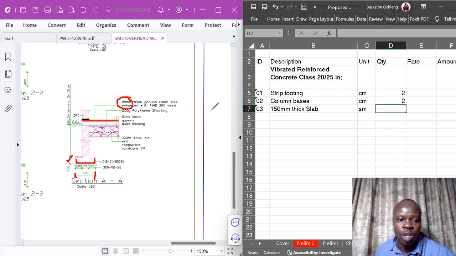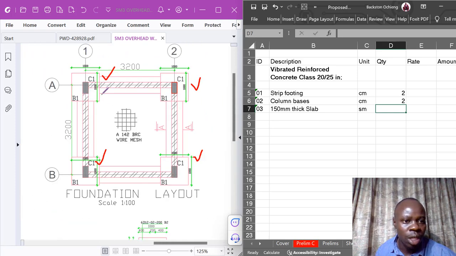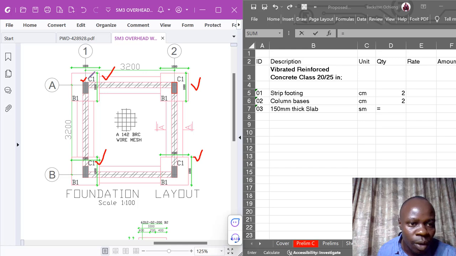The square meters go up to where we have the foundation layout so that we get the area. The area of this is basically obtained at the faces of the external walls. So this is 3.2. You add half of the wall here and another half of the wall here, because according to the dimensioning, the dimensions have been given from the center of the walls.